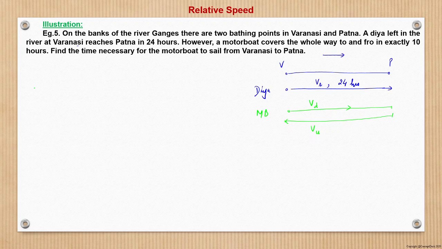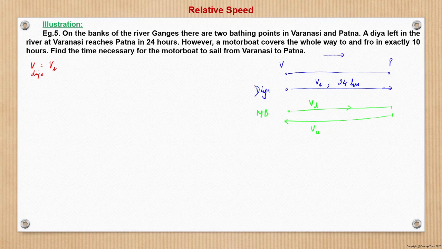So now see, how can we solve this question? First we know that the velocity of the diya is nothing but the velocity of the river, right?